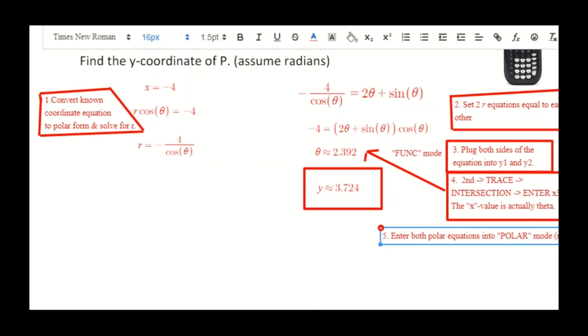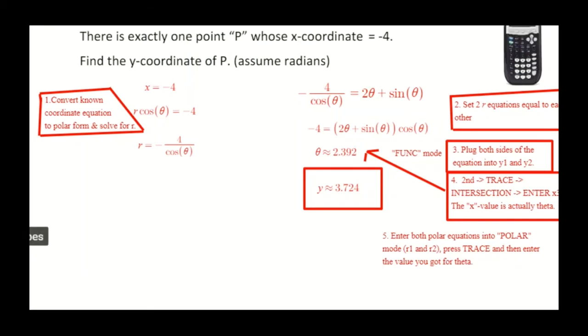And that's going to be like an R1 and R2. Press the trace button and then enter the value you got for theta. And that's it. It will give you the y value after that. So if you're trying to work a similar problem to this, just follow these steps and you'll be good to go. Can you see this okay?